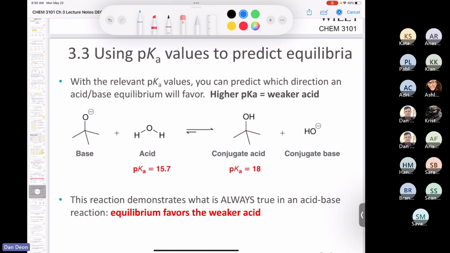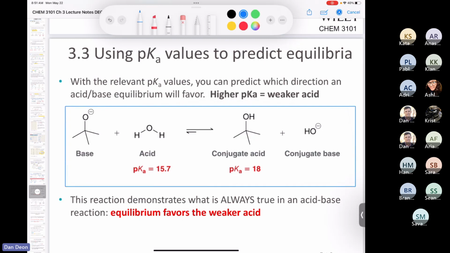Well, that's just review. So if we look at this reaction that's shown down here, we have the tert-butoxide ion plus water gives you tert-butanol plus a hydroxide ion. We have water, which has a pKa of 15.7, and then we have tert-butanol here, which has a pKa of 18. Either way, it's an acid and conjugate acid.